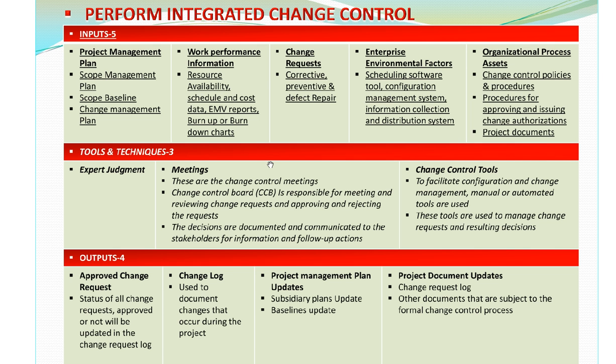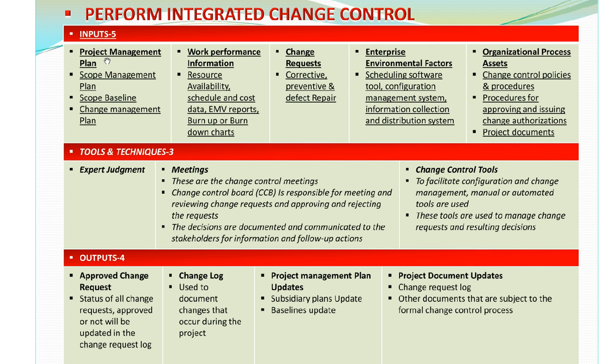What are the outputs of these changes? I already know the outputs for the changes, right? One is the document which shows the approved change requests, the change log, project management plan updates, and project document updates. Now let's see what the inputs are for perform integrated change control.